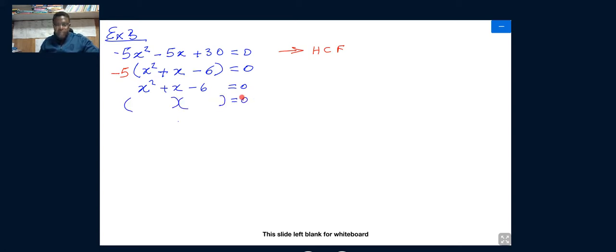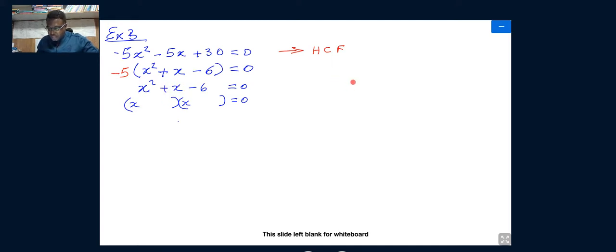Okay. When we factorize, we have this factor of x here. And the trick is to find the factors of 6 that when we add or subtract, they will give us the value of the middle term.